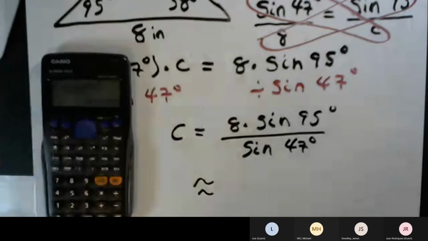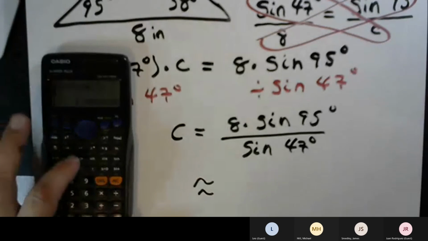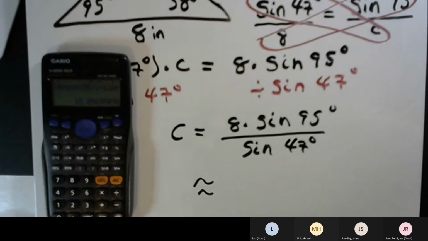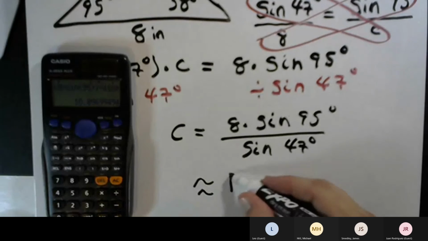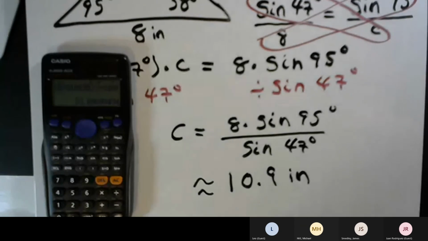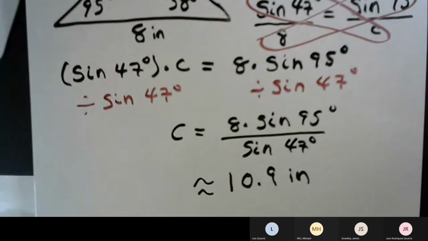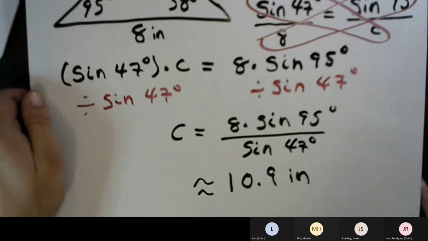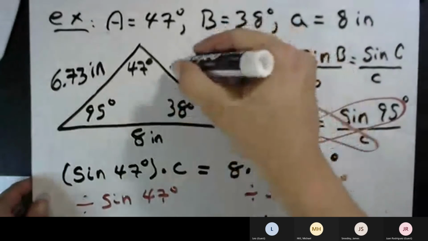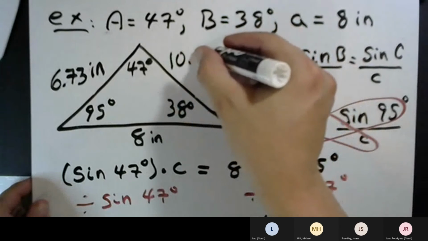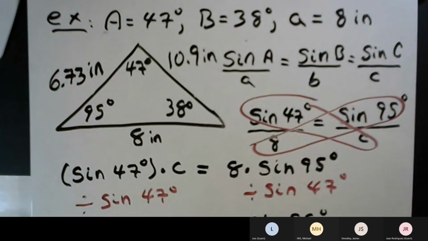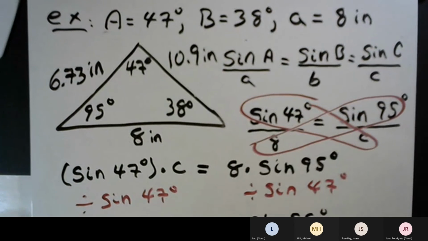So that's all one piece divided by sine 47. And it's about 10.9. So now we've got our triangle solved. So that's how we can use the law of sines to solve this triangle.